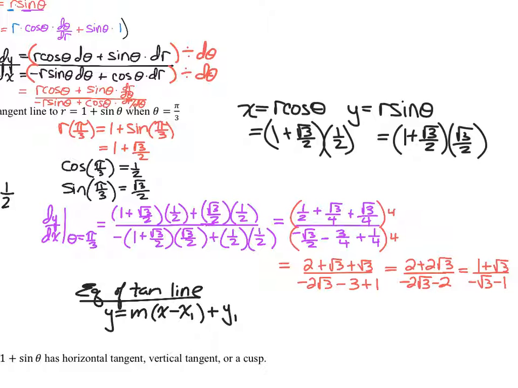Not too much. 1/2 plus radical 3 over 4. And then radical 3 over 2 plus 3/4.